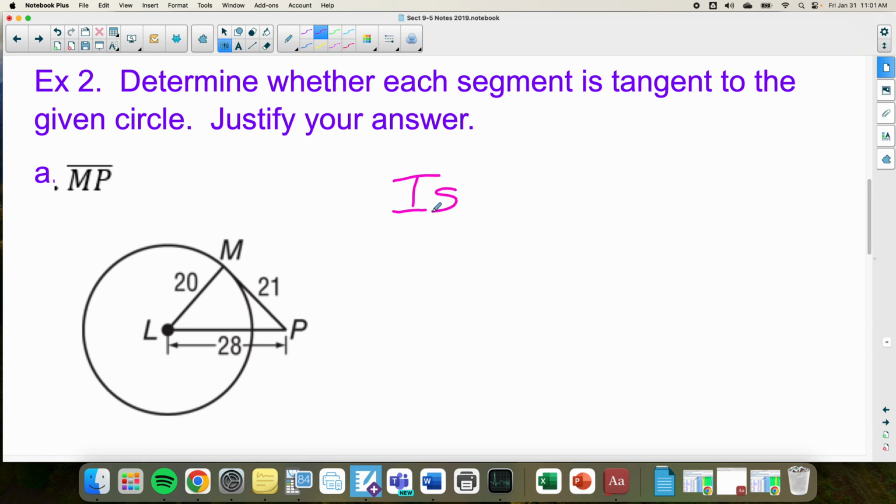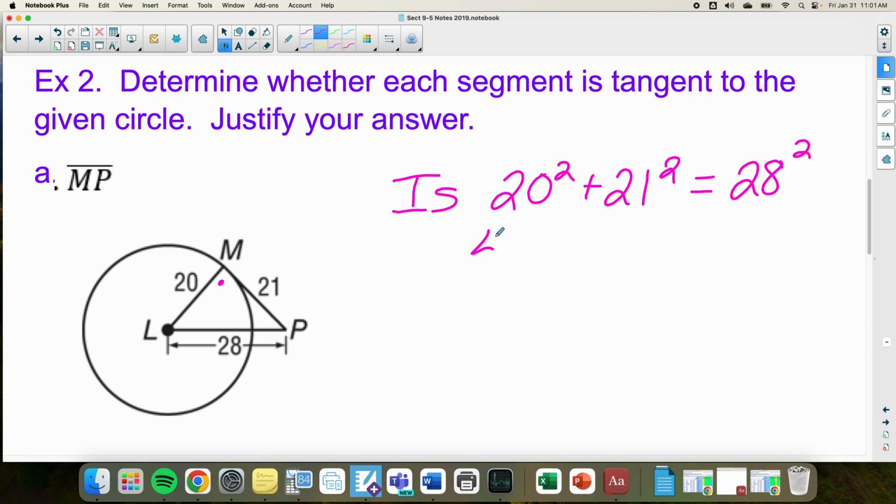By the way, if you have a right angle, it would be right there. So you're always gonna do the radius and that tangent segment squared equal to this. So I'm gonna go, is 20 squared plus 21 squared equal to 28 squared?